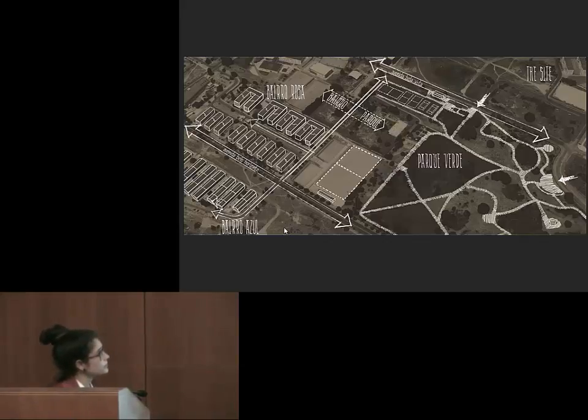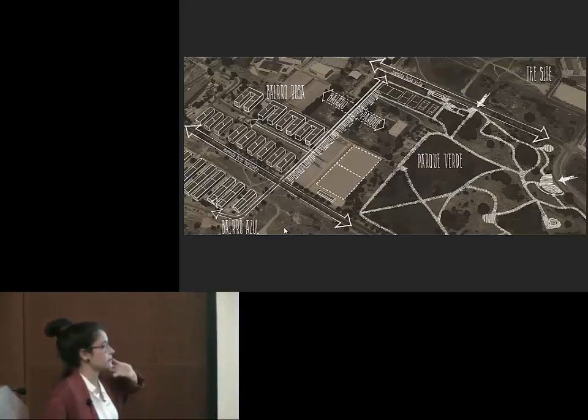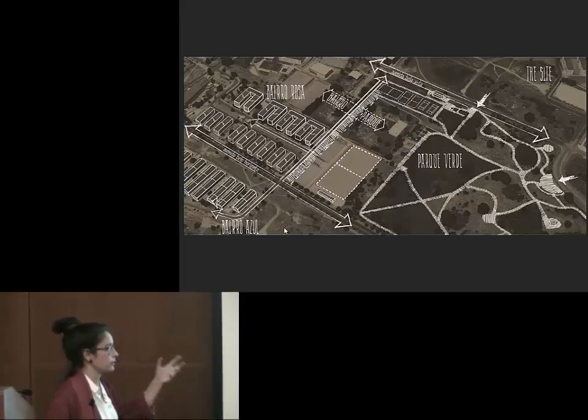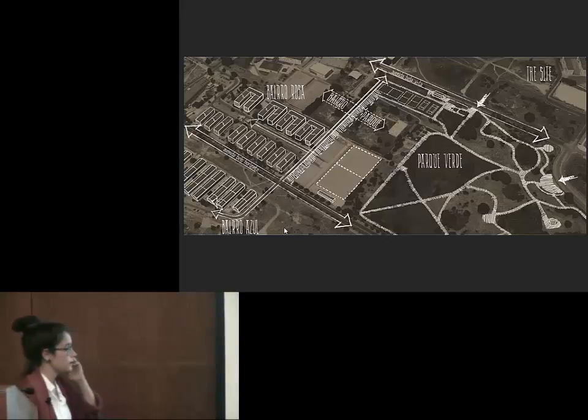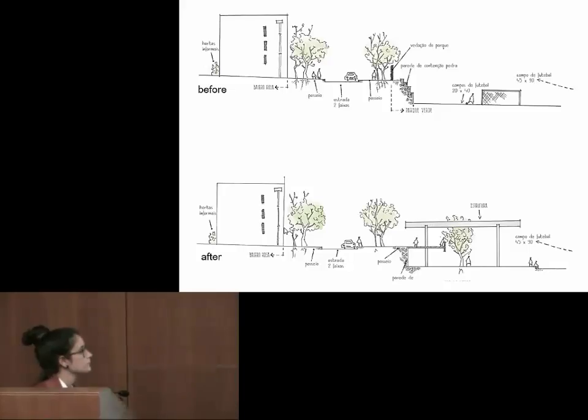So this is the before, a normal construction. It was completely impossible to go from one place to another easily, and this is basically the position of the structure that allows not only to create this new face of the park between the neighborhoods and the park, but also to, in the future, add some functions inside.